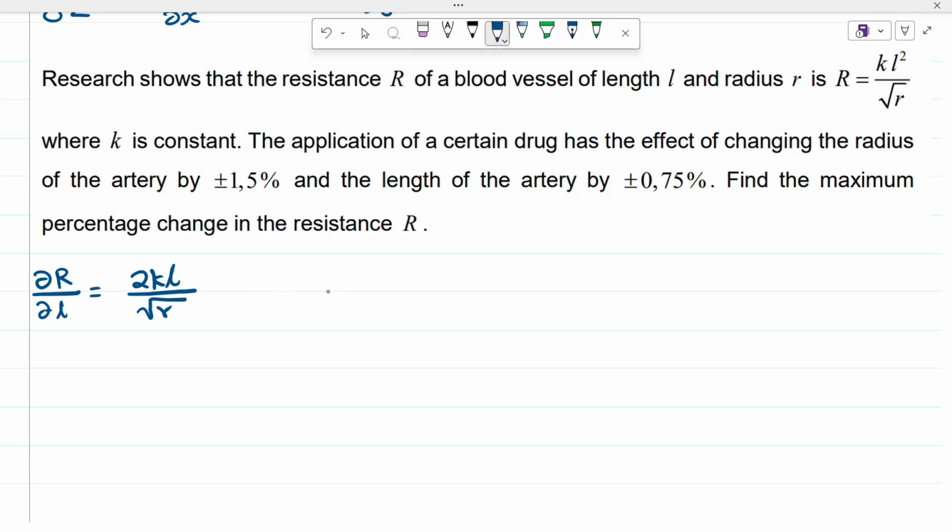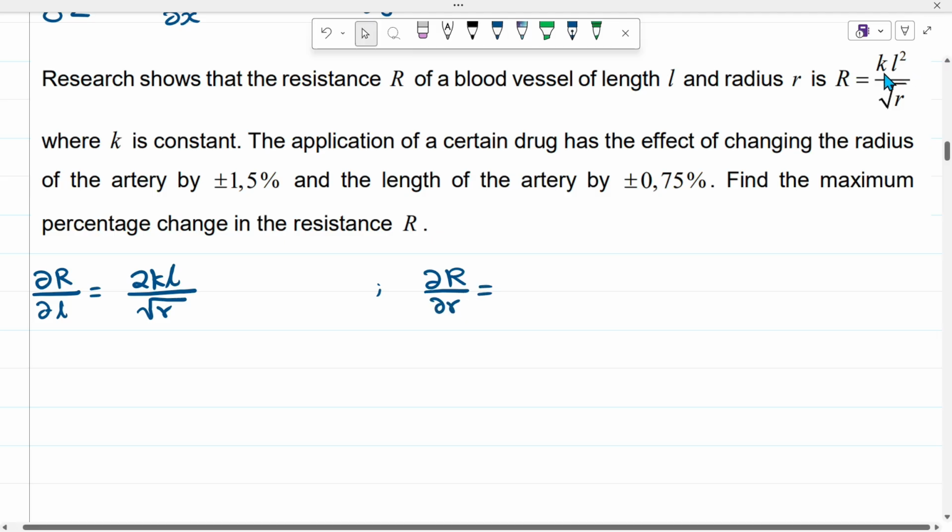And then how about with respect to small r? So partial derivative of R with respect to r: we treat K and L as constants, and then we differentiate with respect to r. The best way is to take r up there so that it becomes r to the power of -1/2.